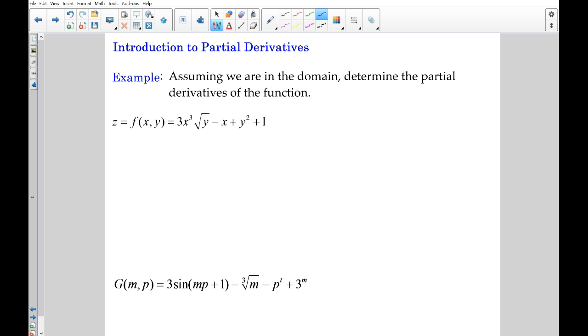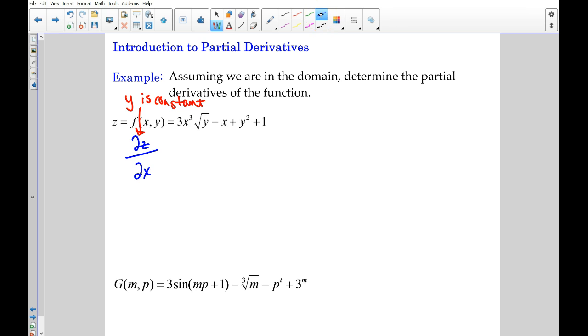So instead, we're just going to focus our attention on one thing at a time. So I'm going to find del z over del x. Just a note here, this means that y is constant. So whenever I'm differentiating and I see a term that only contains a y, that is going to drop off. I think of y as constant.